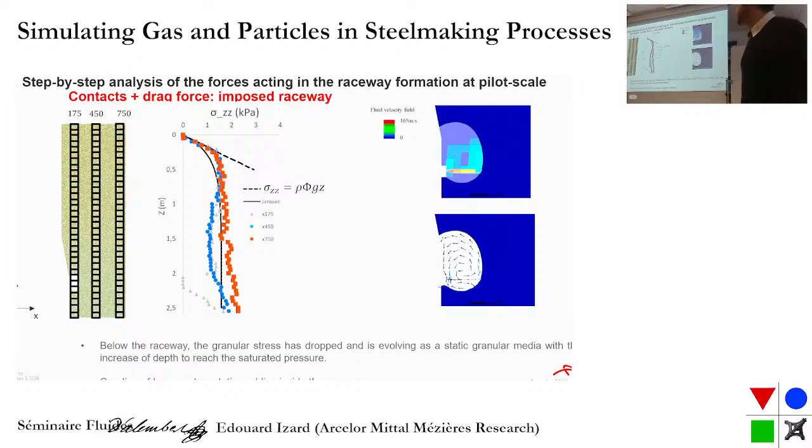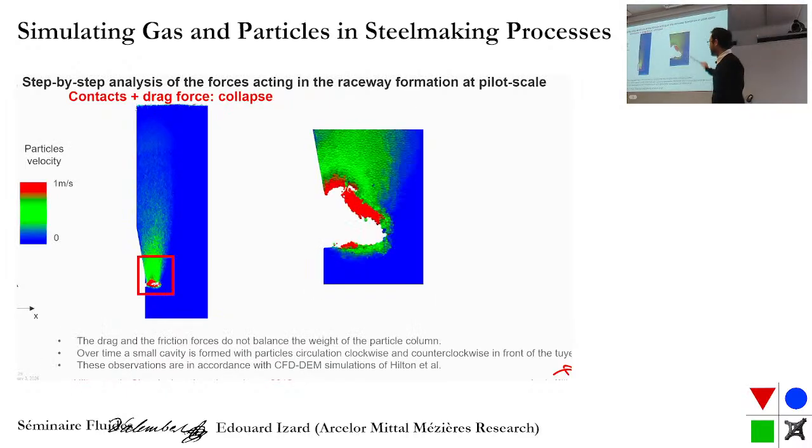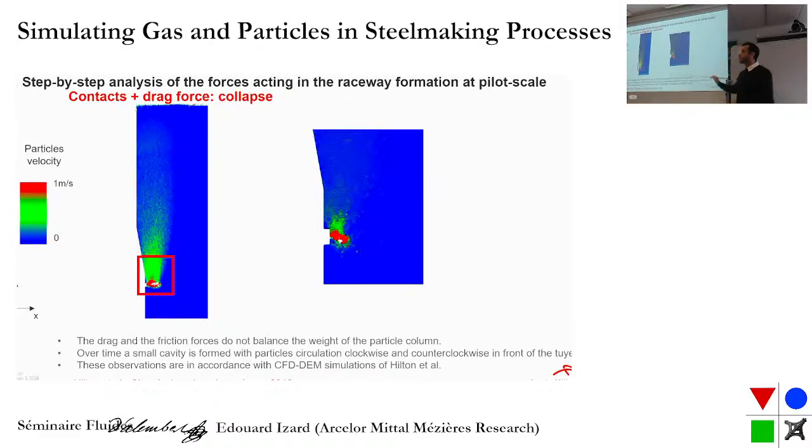Then when we remove the imposed raceway, what you can observe is that we have a collapse of this raceway. So what we have prescribed is the geometry of the experimental raceway. So we thought it should stand, but in fact it doesn't.